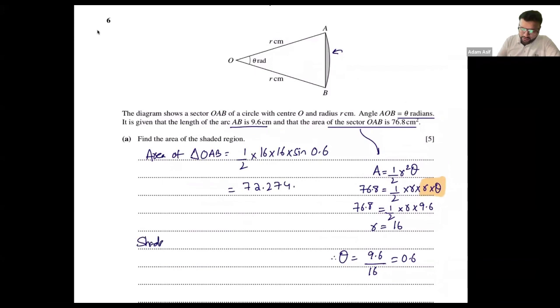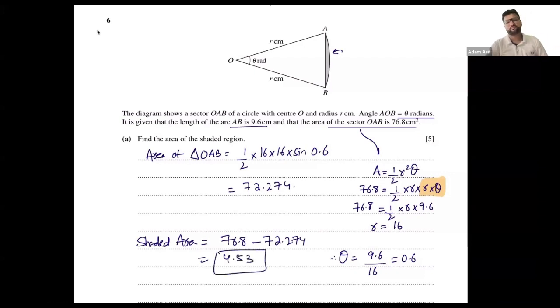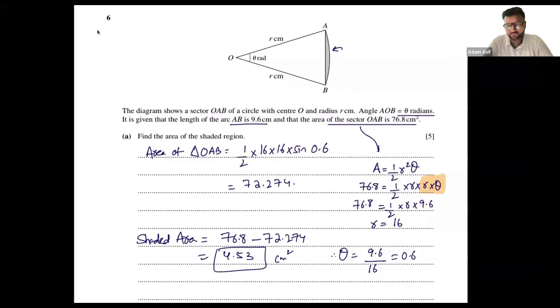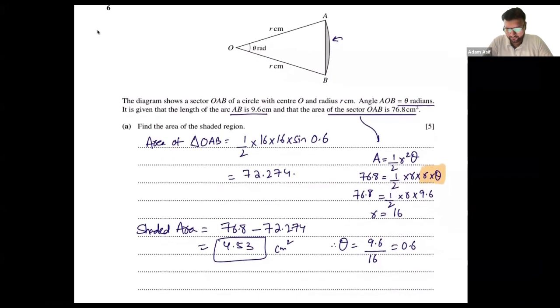So the shaded area would be area of the sector minus the area of the triangle, which is 4.53 rounded up centimeter square. Is the working clear? Good.